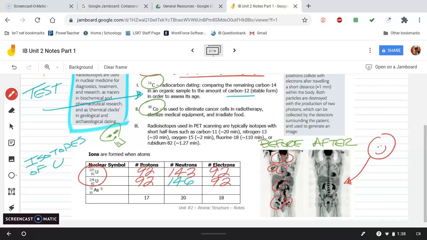Now this one, this arsenic here, is going to be a little bit different. Let's switch colors here. So we got 33 protons. Then 75 minus the 33, so 42. But the electrons, how do I figure electrons out? The key is to look at the minus 3. You've got to think, is that 3 more or 3 less electrons? Well, minus 3 is 3 more. I tell my kids, do it like an opposite.